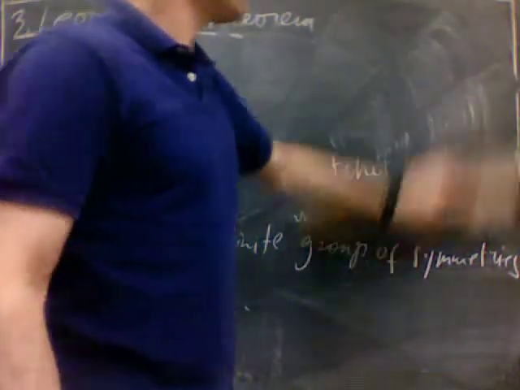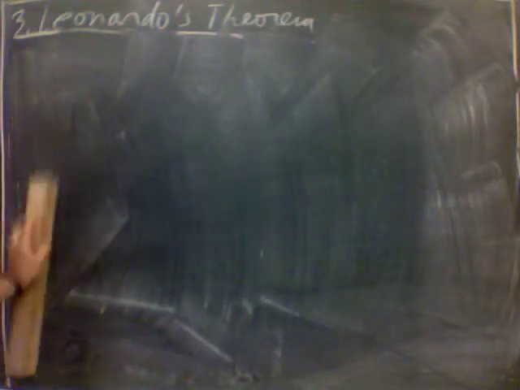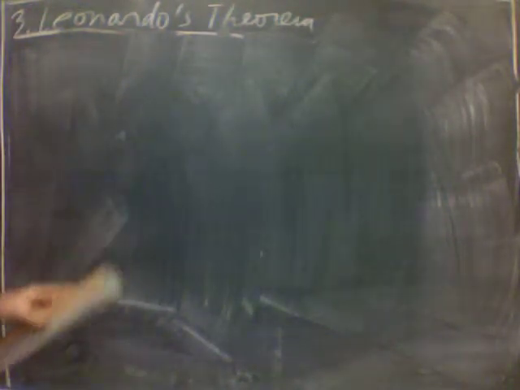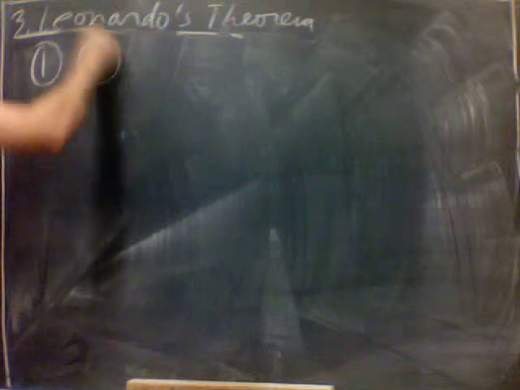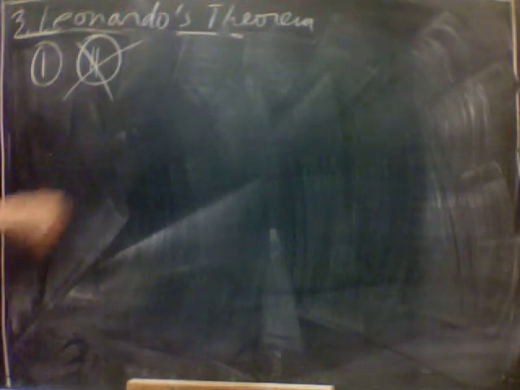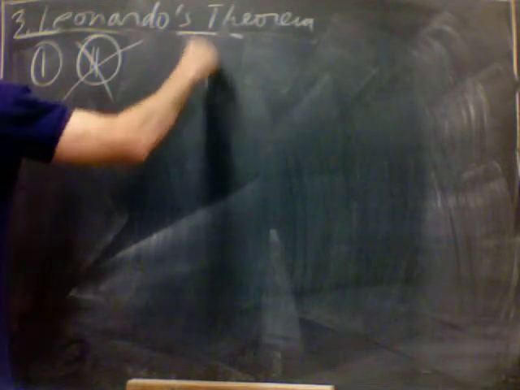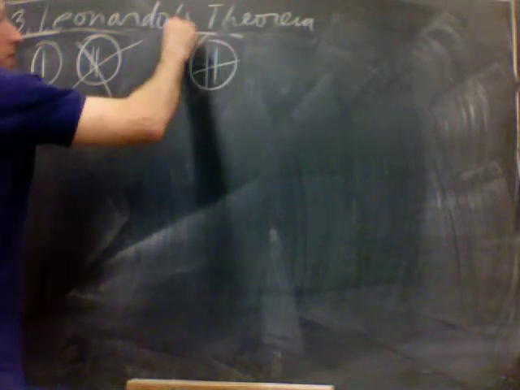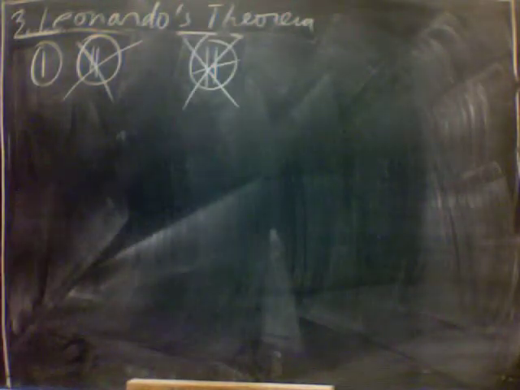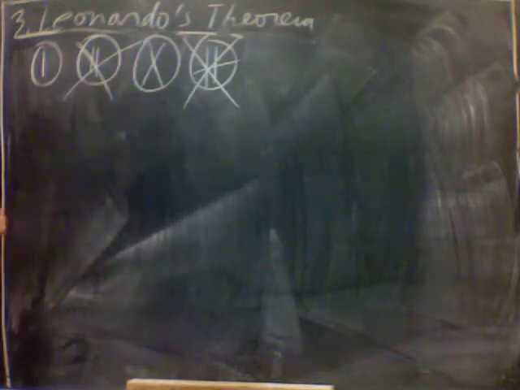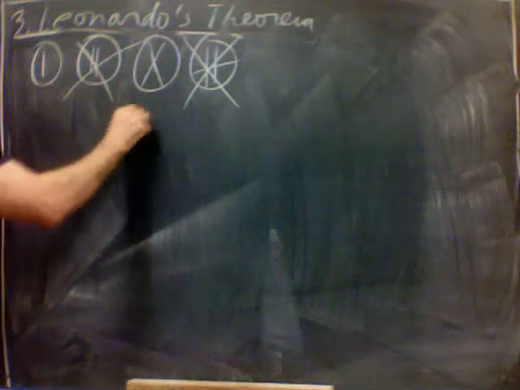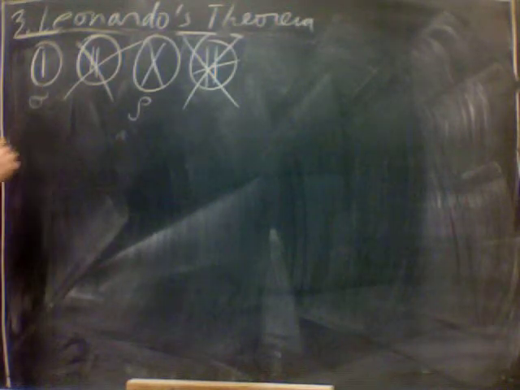Correct, because a translation would generate an infinite cyclic group, and our group must be finite, so it cannot contain any infinite groups. So, out of 4 possibilities, translations, and what else? Right, glide reflections are ruled out right away. We are left with reflections and rotations. Reflections.